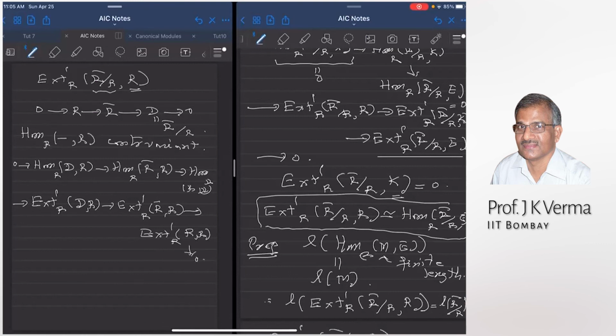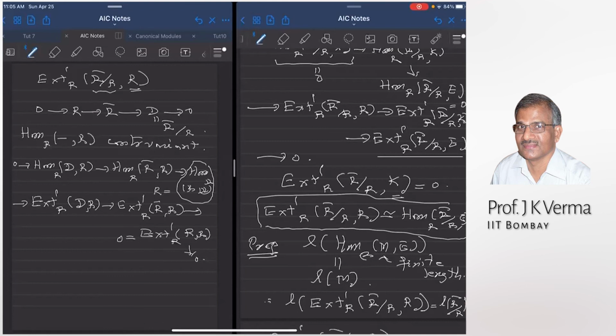But R is injective, so this is 0. That is 0, right? Now, which one of these modules are 0? Let us see that. This is Hom(R, R). Hom(R, R) is just R. This is just R.